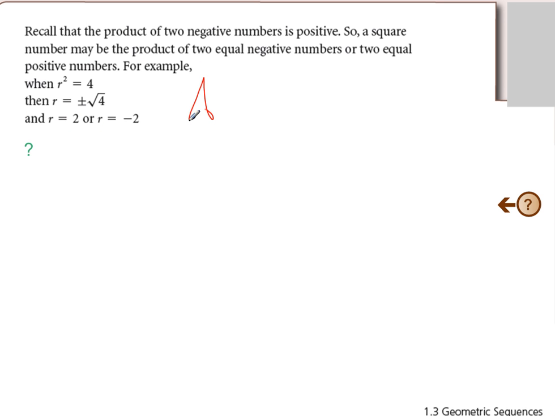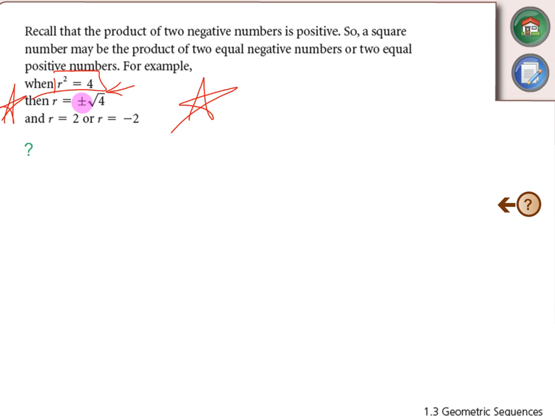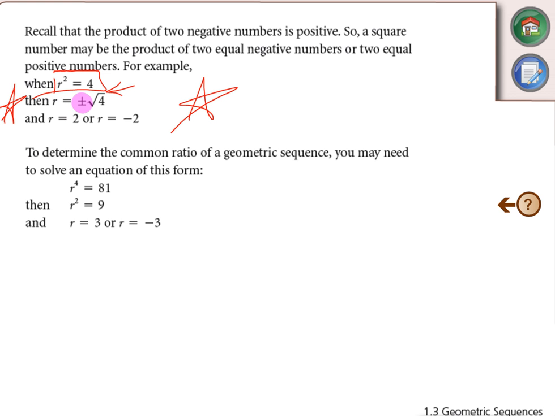All right, let's start this baby here. If in your work you take the square root of a number, you got to make sure you put plus or minus there. That means that there are two possibilities. We're going to have two possibilities for a sequence at that point.